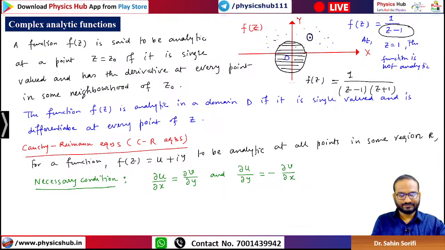Clear? Sometimes it is also written in this form, ux equals vy. This means the derivative of u with respect to x and the derivative of v with respect to y. Or it is written as ux equals vy, uy equals minus vx. In this way also sometimes it is written.